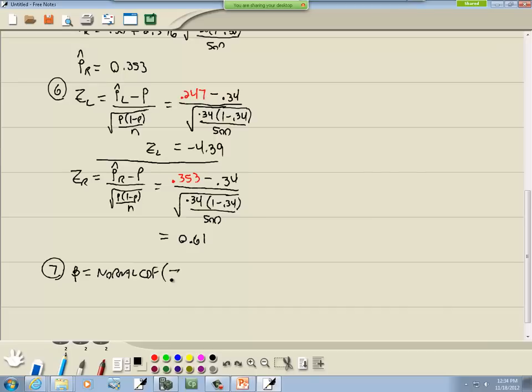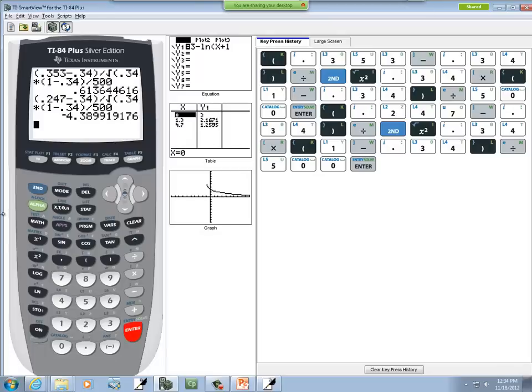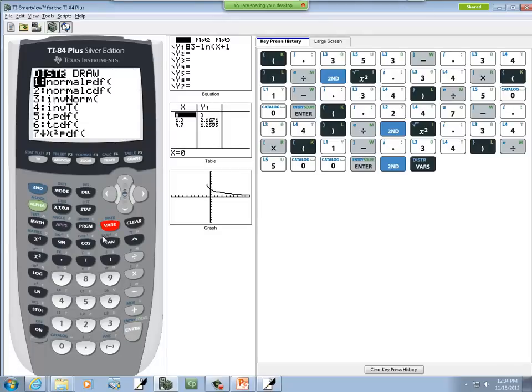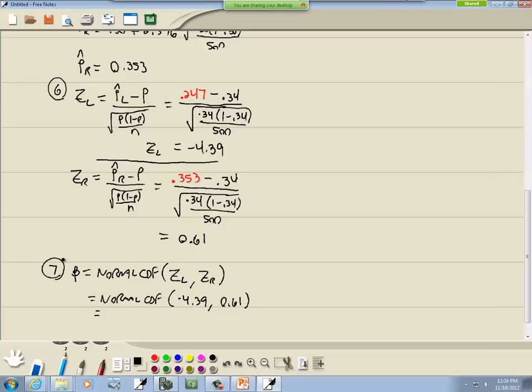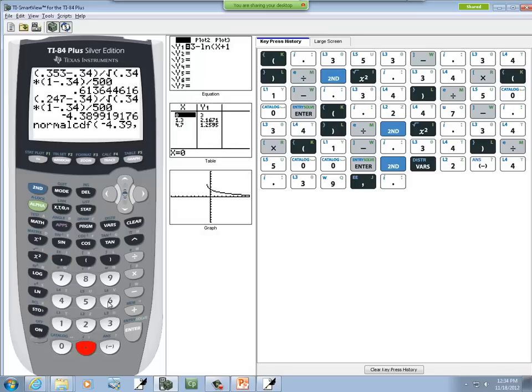Not that it matters, but Z sub L, comma, Z sub R. So that's going to be normal CDF of negative 4.39 and 0.61. Second vars, normal CDF, negative 4.39, comma, 0.61. Enter.